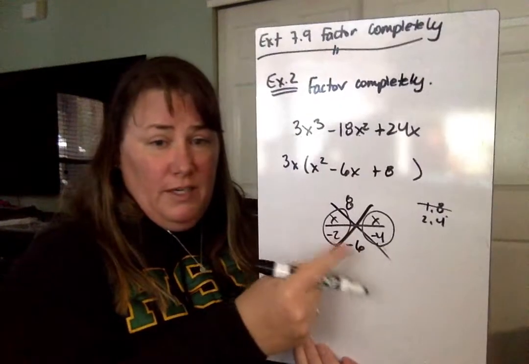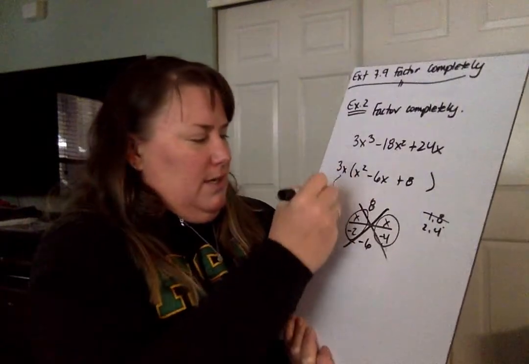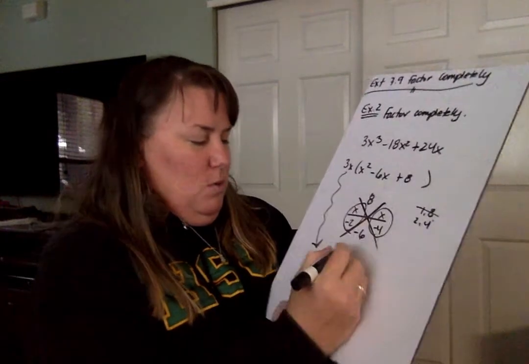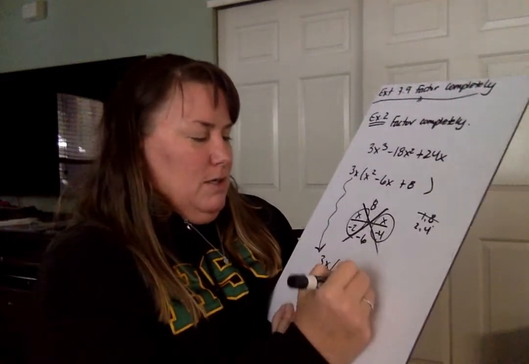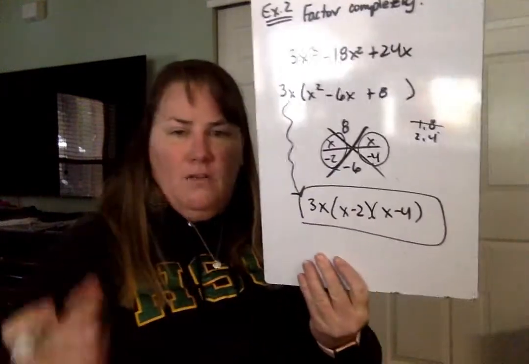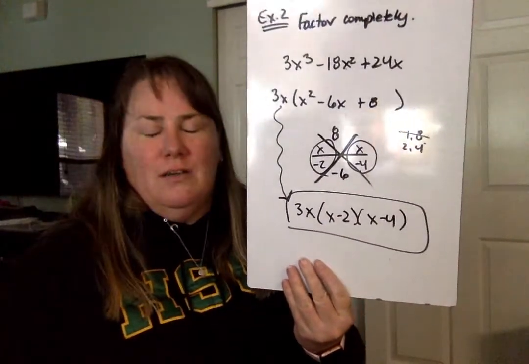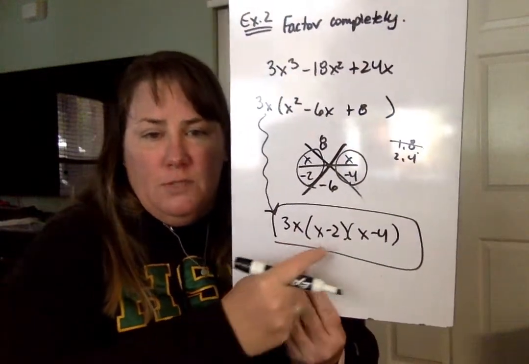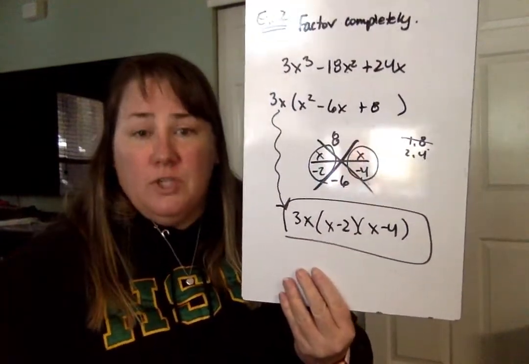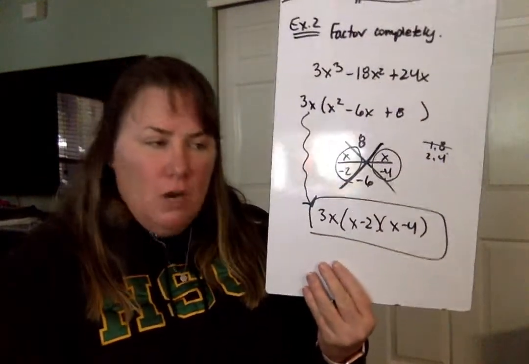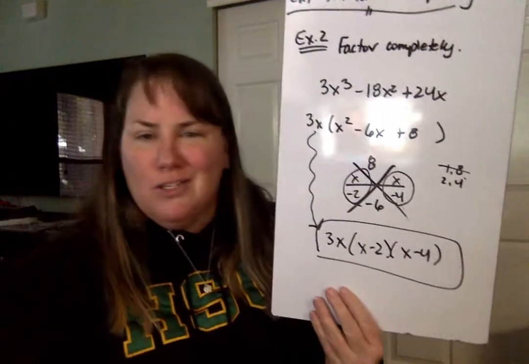No simplifying here. This guy's got to come all the way down. So we have 3x times quantity x minus 2 times quantity x minus 4. Voila. You have just factored completely. Each one of these factors is a prime factor, so you know for a fact you've factored it completely, because you can't do anything else with it.